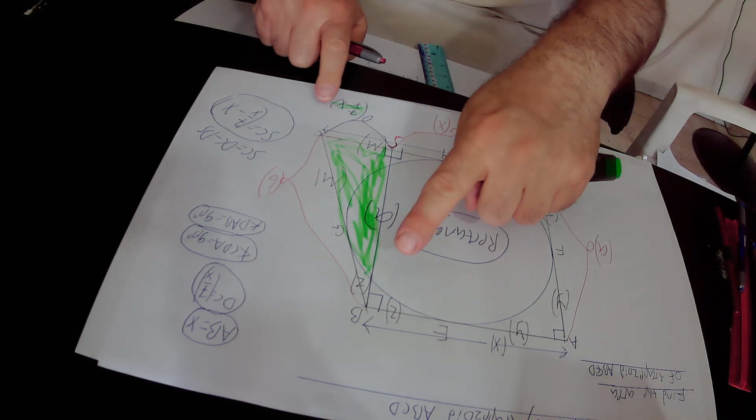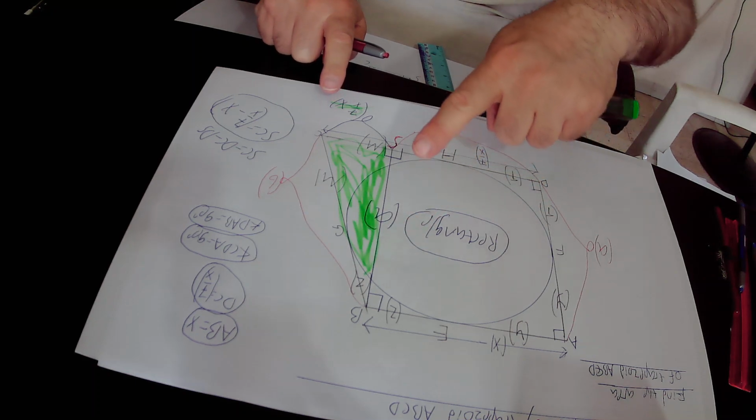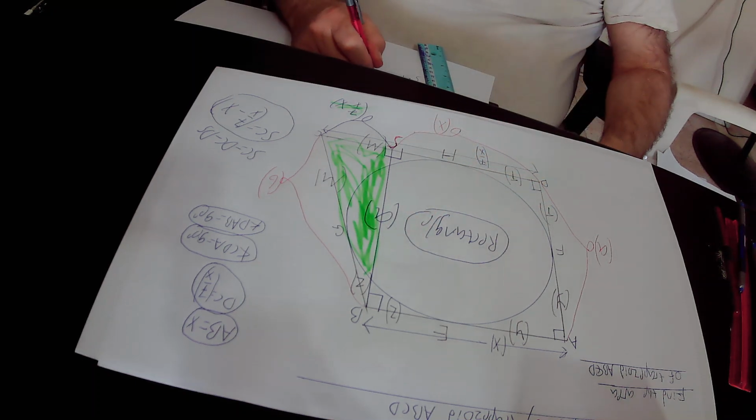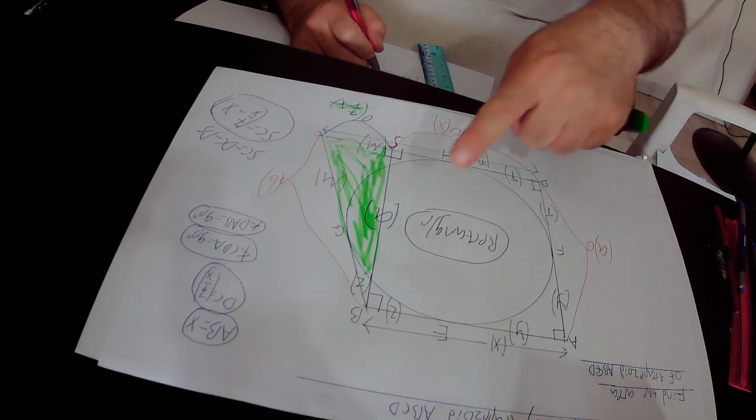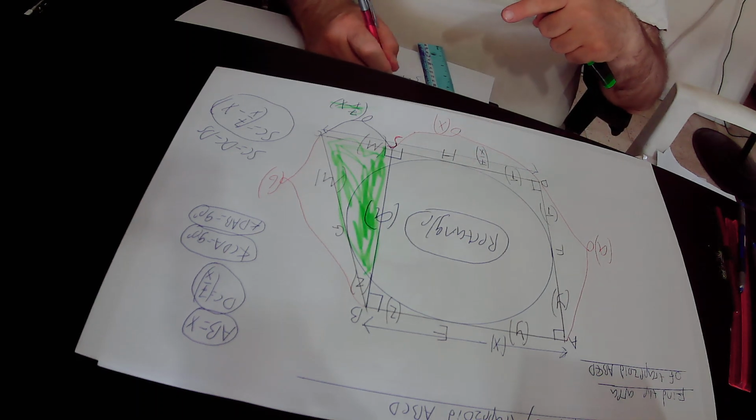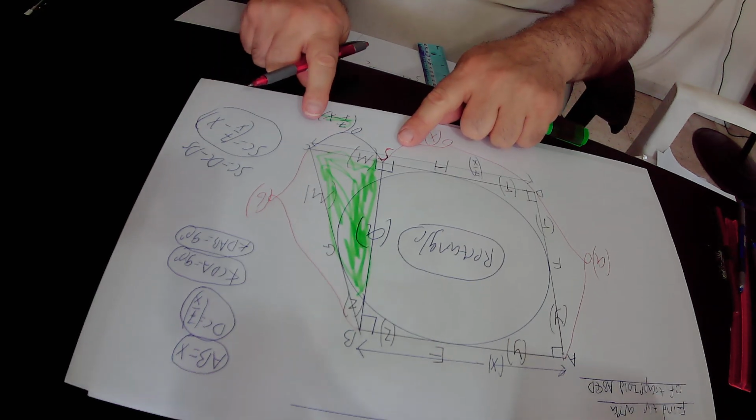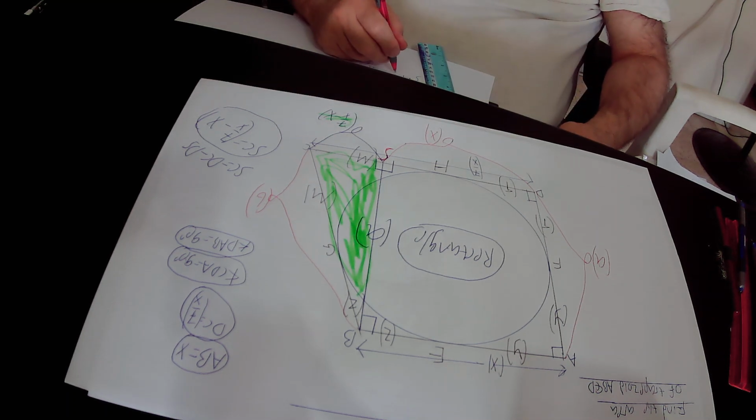Again, the hypotenuse BC of the right green triangle BSC equals B, side BS equals A, and we just found out that side SC of the green triangle equals 7 over X minus X.